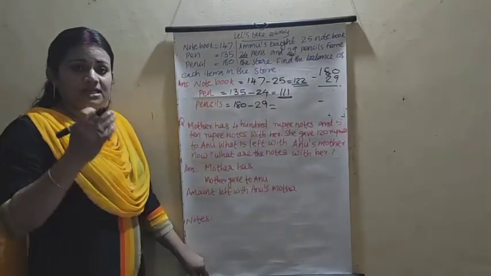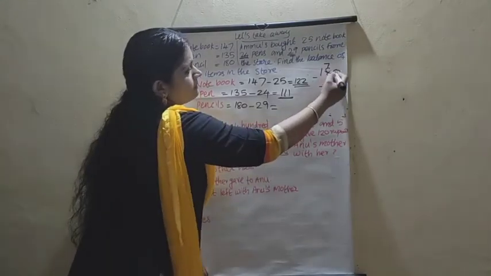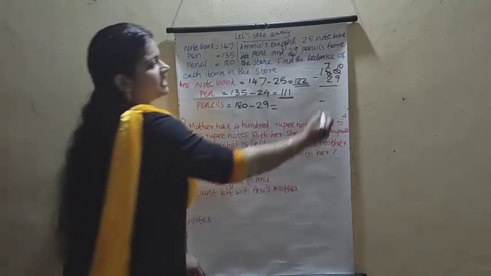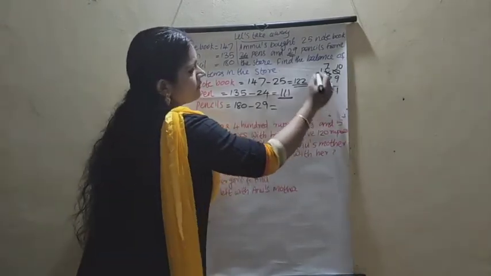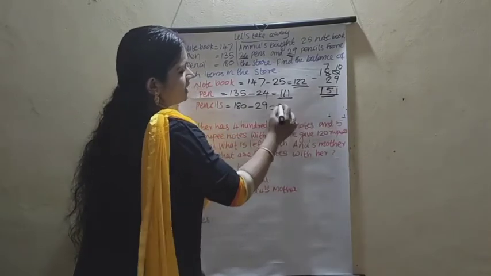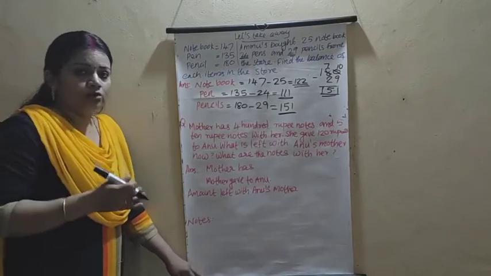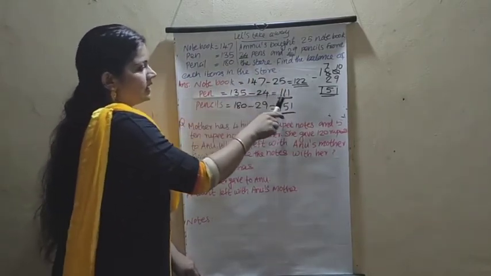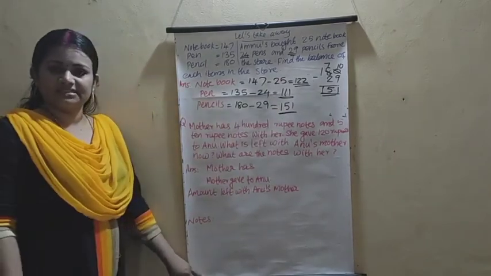Then 8 becomes 7, and 0 will be 10. 10 minus 9, what is the answer? 1. 7 minus 2, what is the answer? 5. 1 is written down. Then what is the answer? 151. So now the store has 122 notebooks, 111 pens and 151 pencils.